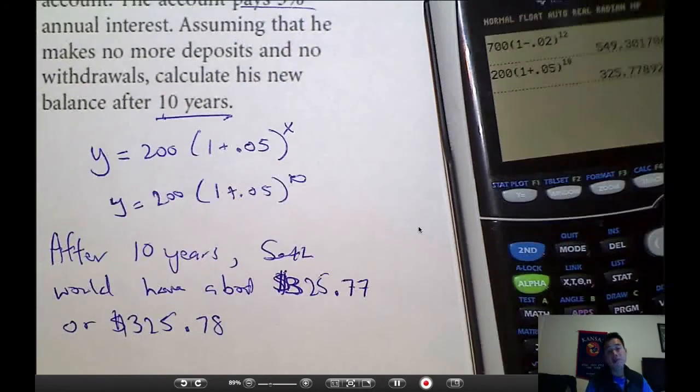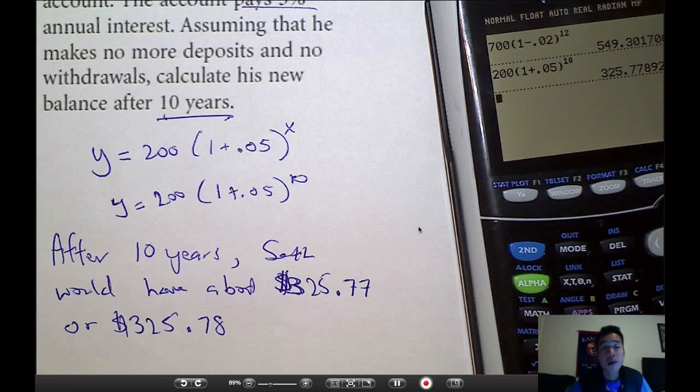So after 10 years of putting $200 in and only getting 5% every year, you don't put more money in, you don't take any money out, you've only made about $125.78. It's not very much. And we'll talk about more of a growth model and rates of increase in class.